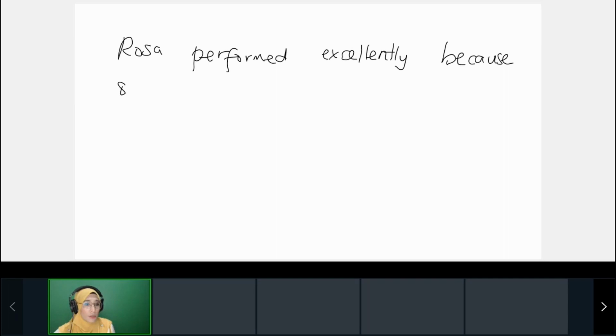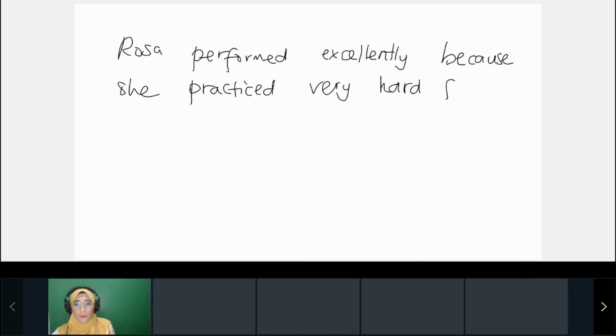Let's keep it simple this way, for you not to be confused by why there are so many words. Okay, Rosa performed excellently because she practiced very hard.